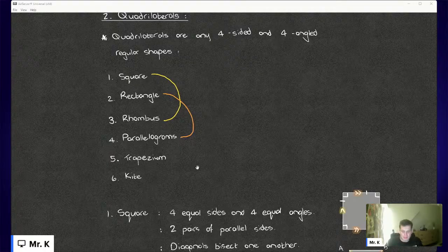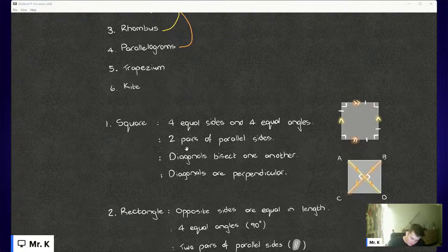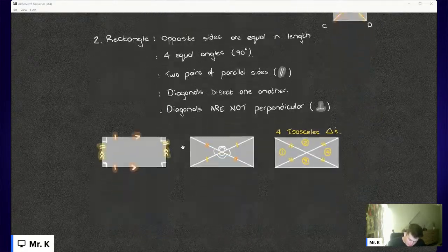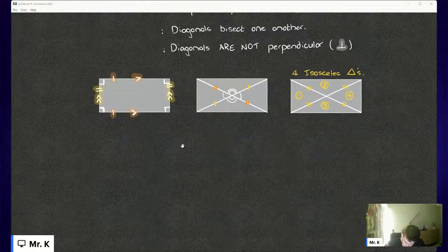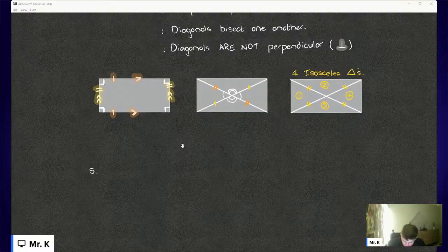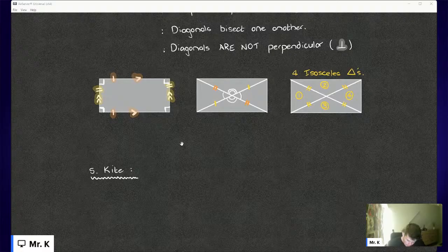I want to talk about the shapes that are not so obvious very quickly. I'm going to try and leave this on the screen for you guys to copy. But let's jump ahead to number 5 and quickly talk about a kite, because a kite is quite a unique shape. Let's go ahead and draw them very quickly.